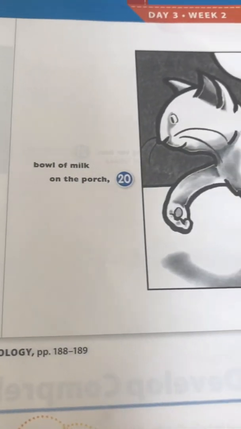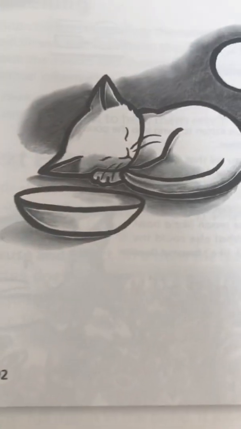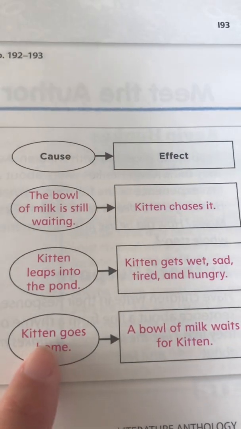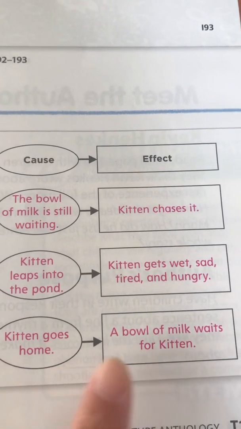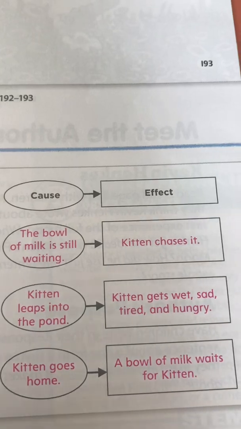Look at, someone put out some milk for her back at home. Just waiting for her. Lucky kitten. Let's look at our last cause and effect. Kitten goes home, and what's the effect? A bowl of milk waits for kitten. Isn't that a cute story, you guys?